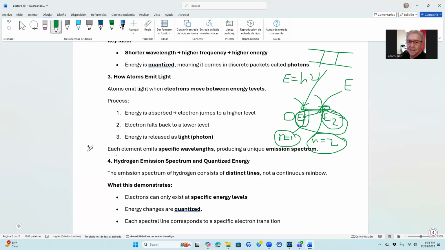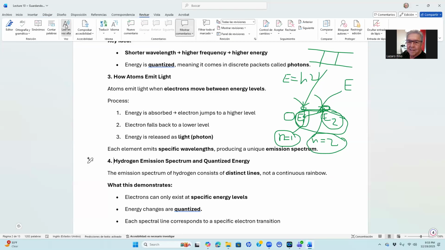Let's continue then here with the hydrogen emission spectrum. That is the simplest one, and I want you to learn it. Hydrogen emission spectrum and quantized energy.